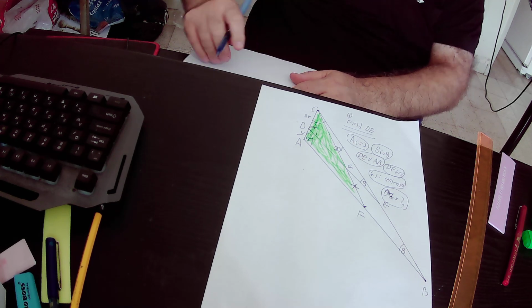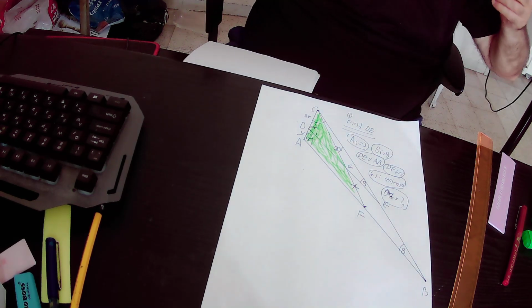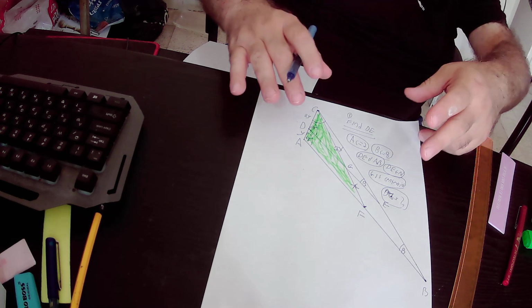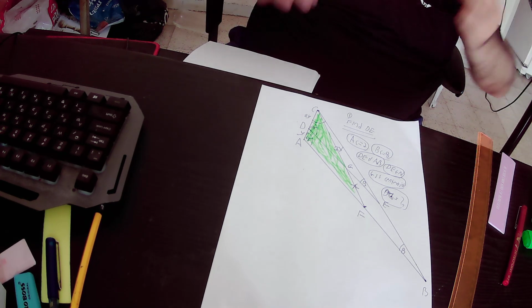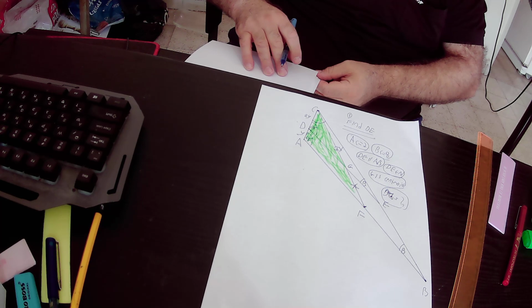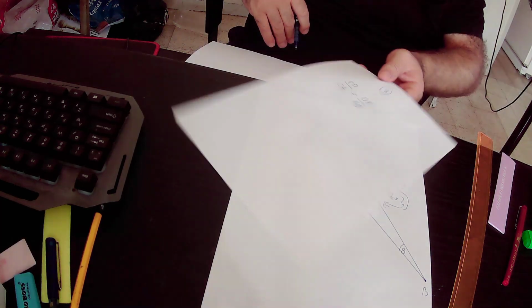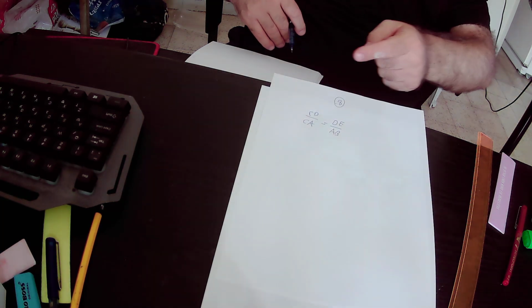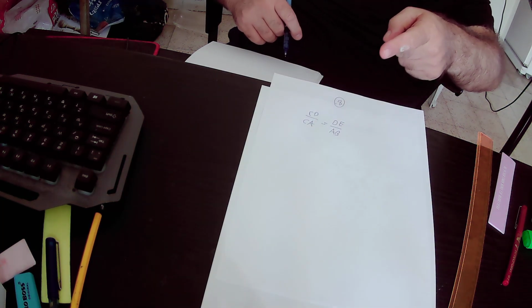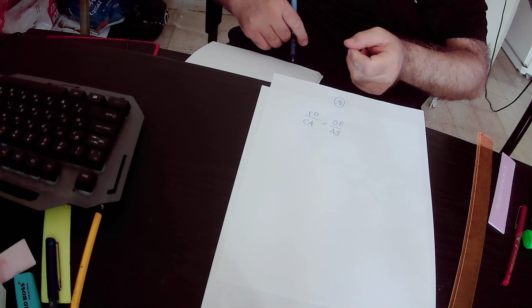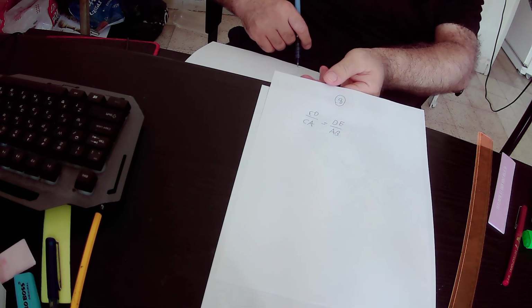I will repeat again: because we proved the triangle ABC is similar to triangle CDE, the following relationship exists between the sides of those two similar triangles. CD over CA equals DE over AB.